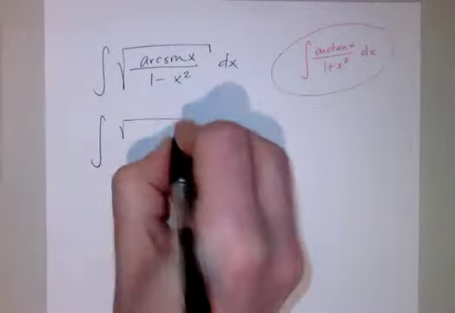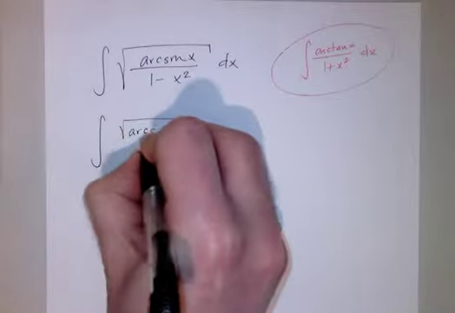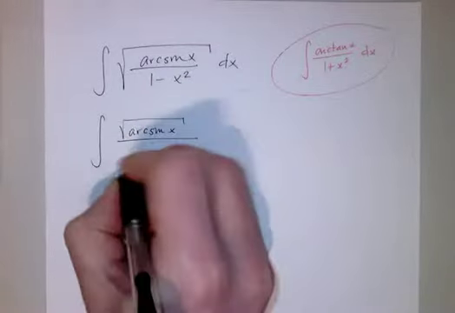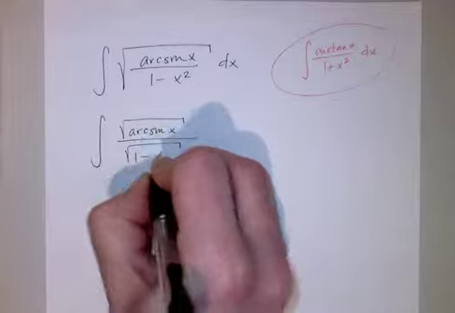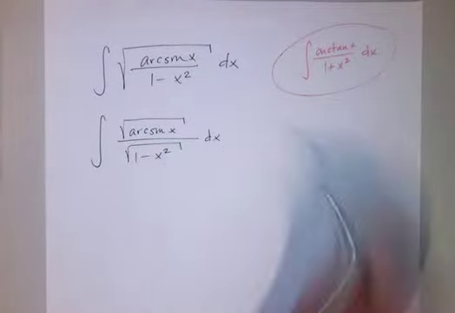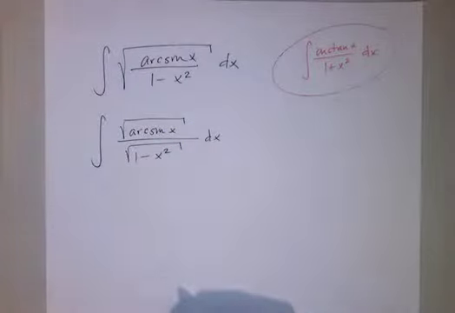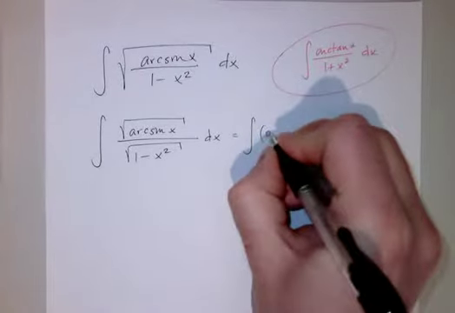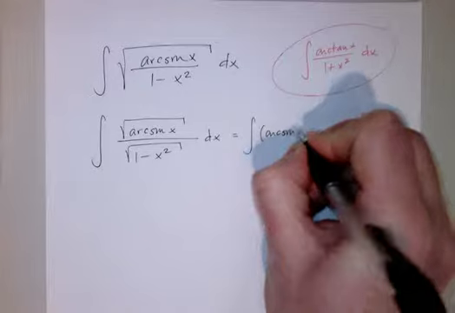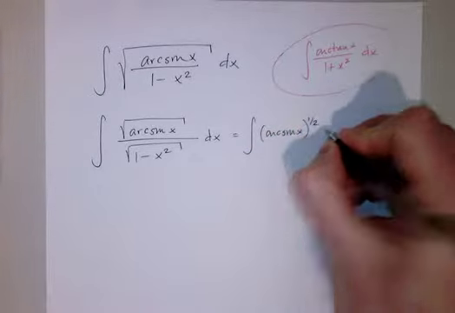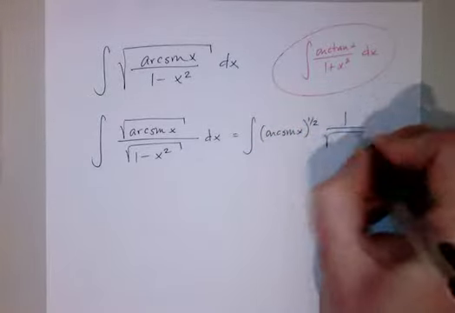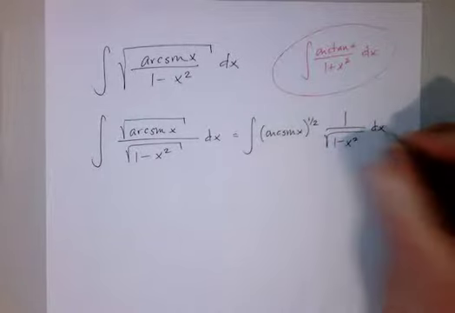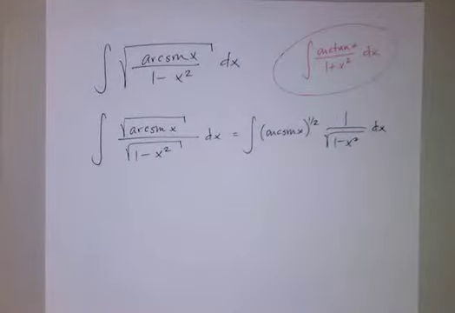Remember that if I have a radical of a quotient, that can be redone as the quotient of two radicals. So let's turn this into the square root of arc sine x times 1 over the square root of 1 minus x squared dx, and then all of a sudden it's becoming very apparent what I need to do.